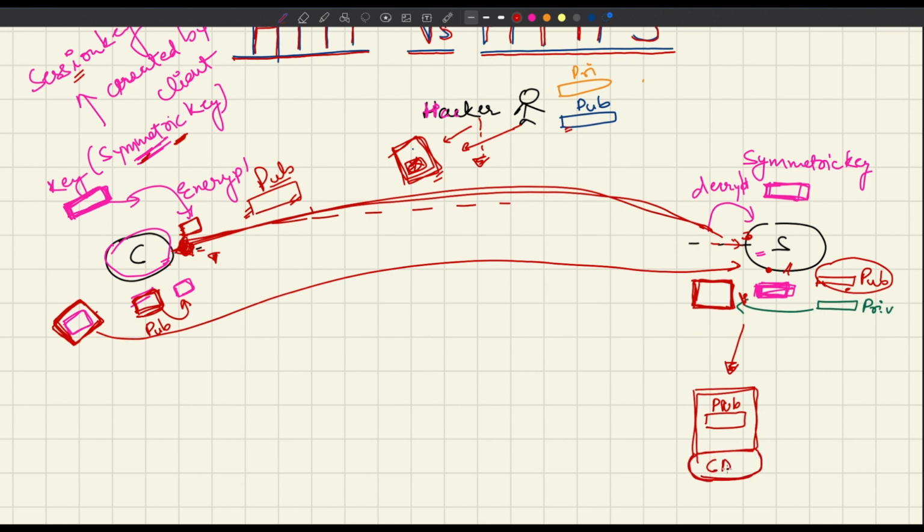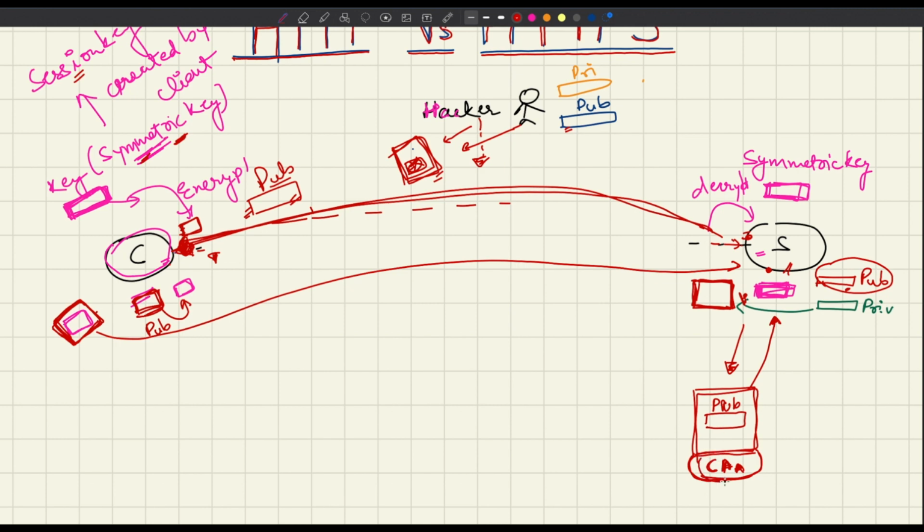So here is the signature of the certificate authority. Let's say this certificate authority is A, which means this is signed by some certificate authority A. And certificate authority A is going to send this certificate to the server.